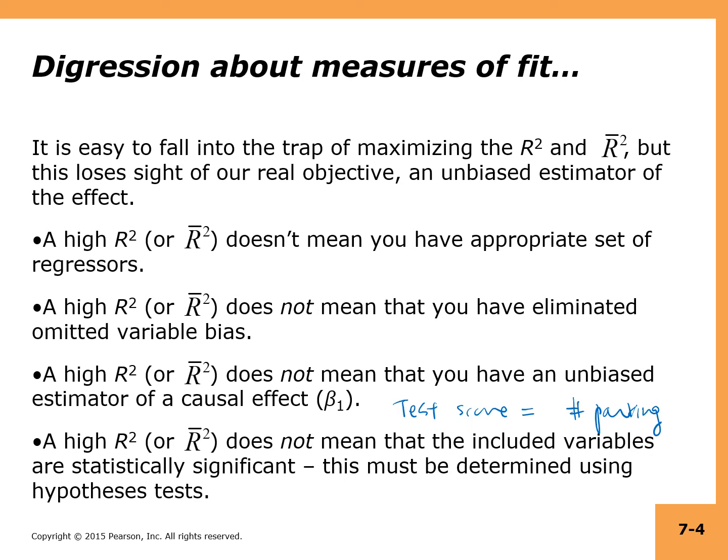You can imagine school districts with a large number of parking lots may have low test scores. But just because this model has a high R-square doesn't mean that the number of parking lots somehow causes the test score. So in this case, the high R-square does not necessarily mean that you have an unbiased estimator of a causal effect.